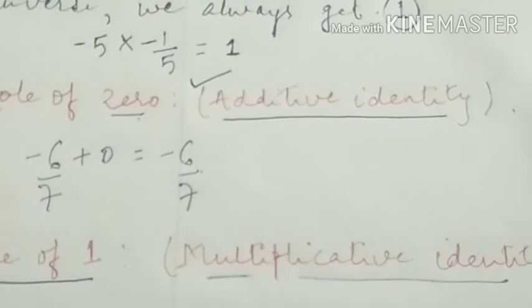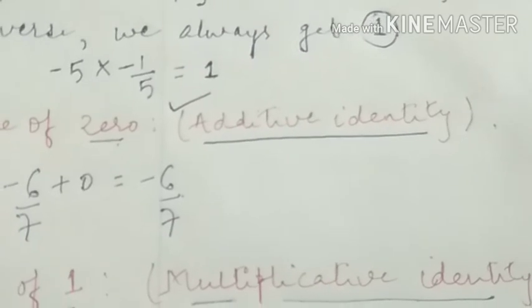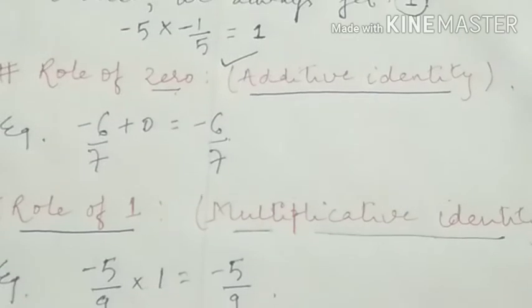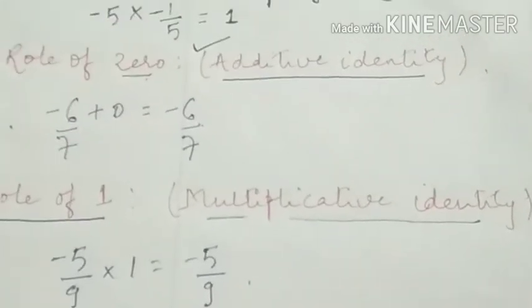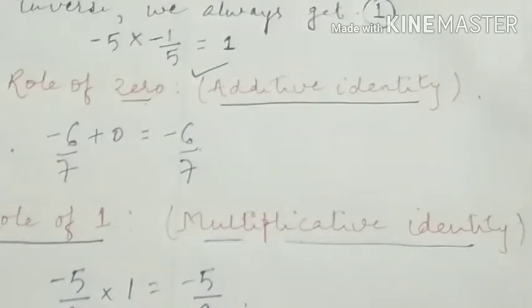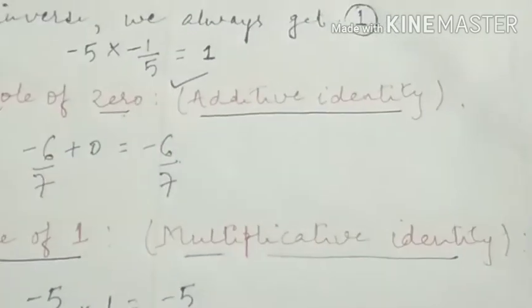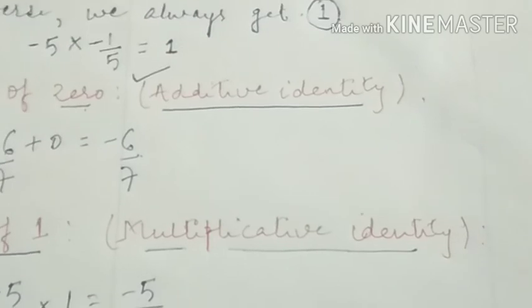Let's take minus 519. If we multiply minus 519 by 1, we get the same number, that is minus 519. You can take other examples as well and understand this concept that if we multiply any number by 1, we get the same number. That is why we call 1 the multiplicative identity.